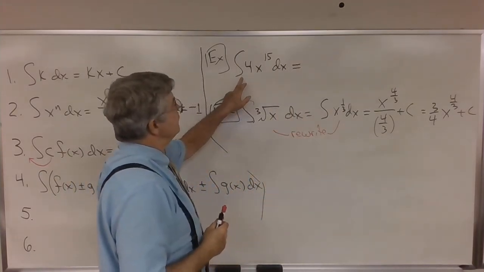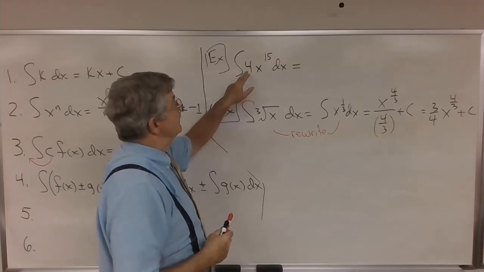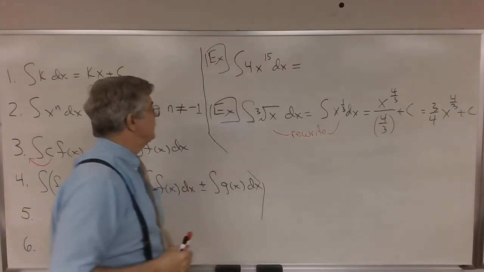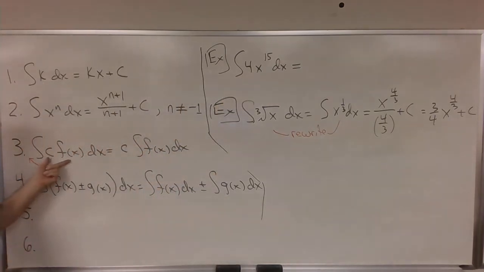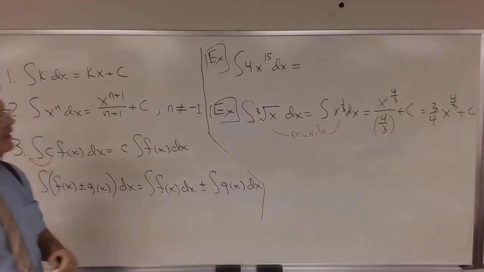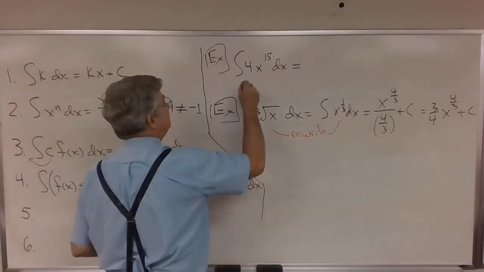We have the antiderivative or the integral of a constant times a function. So property number 3 applies. And it says we can move the constant factor out in front of the integral sign. So I guess we'll do that.